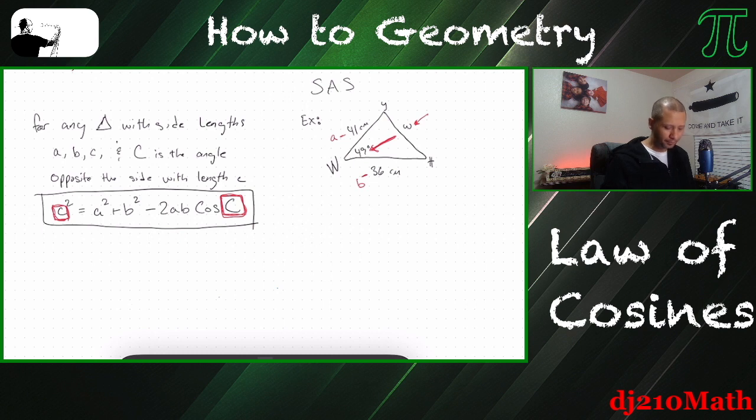So then, I do want to demonstrate one thing though. Let's just say you didn't know that this was law of cosines, and you're so used to law of sines, like, oh, I'm just going to try law of sines.